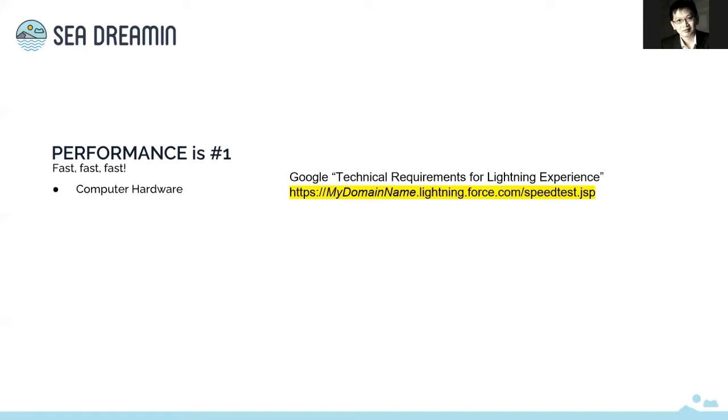I can say computer hardware is something easy, but not so easy because it is a budget from the company. If you have only 10 users, maybe easy, but if you have 100 or 1,000 users, it becomes a big budget. So as a Salesforce admin, you can try to let your users know that, oh, your computer is more than 3 years or 5 years old. You may need to upgrade to add more RAM or even get a new computer from the company.